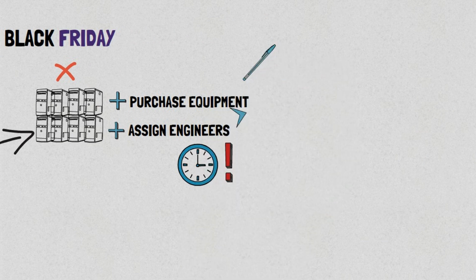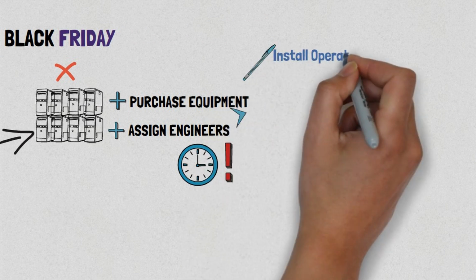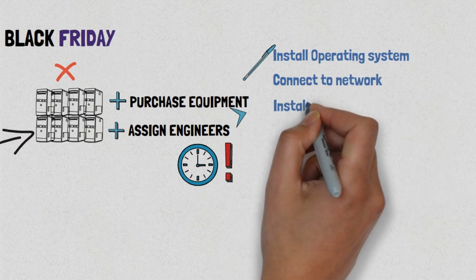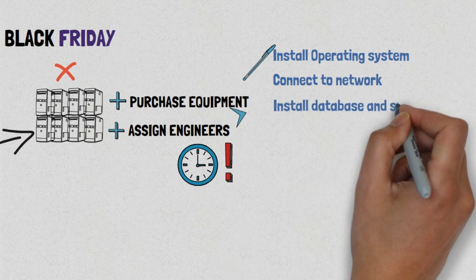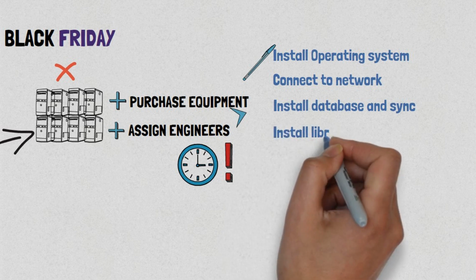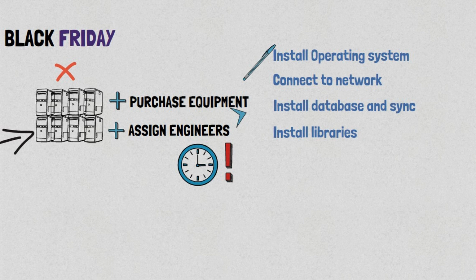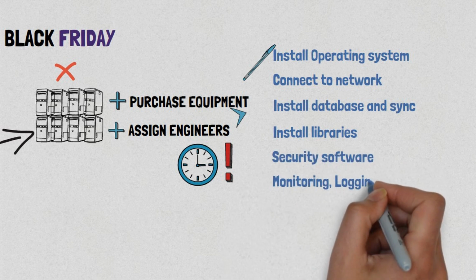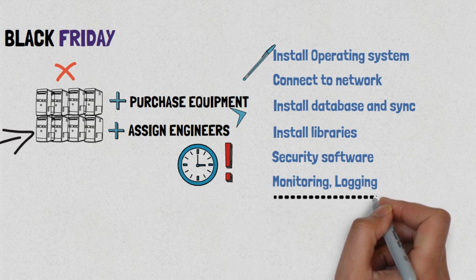Well, what they need to do is to install the operating systems, connect the computers to their network, install the databases and have those databases in sync with the others, install the libraries and correct language versions, security software, monitoring, logging and alerting tools, together with other necessary software.